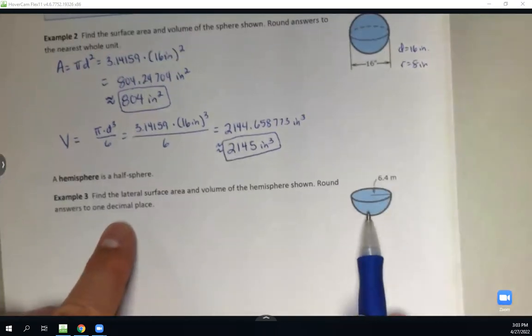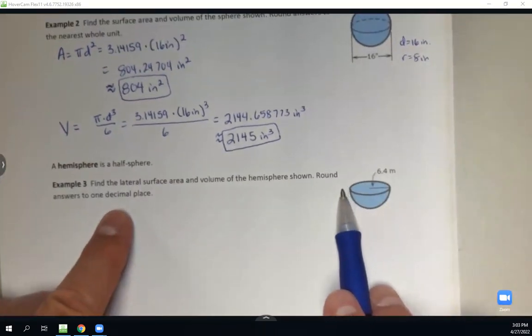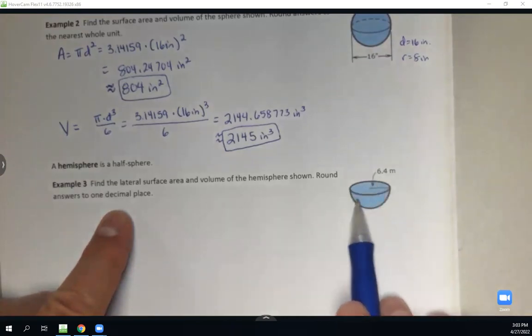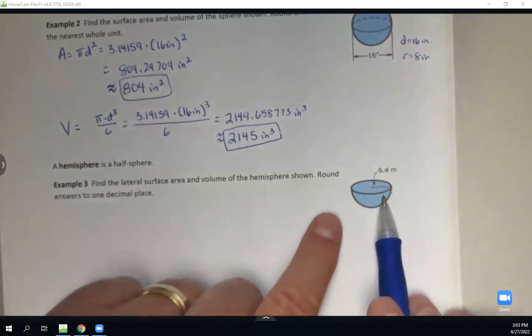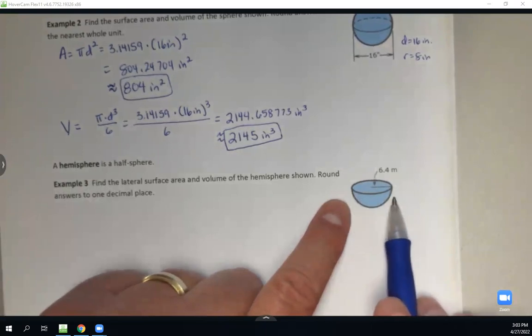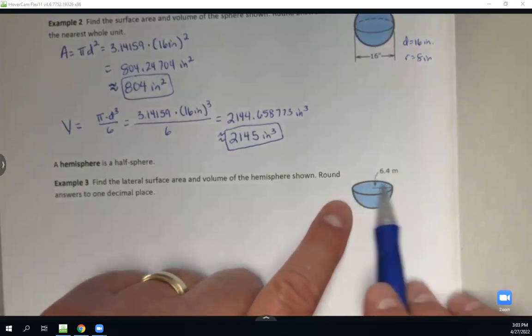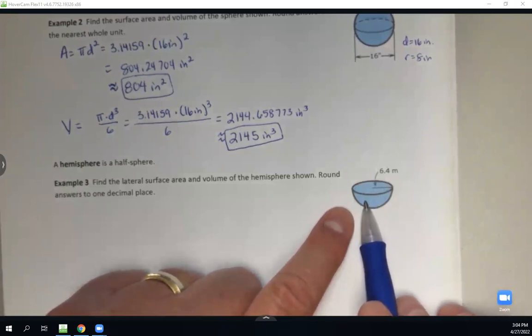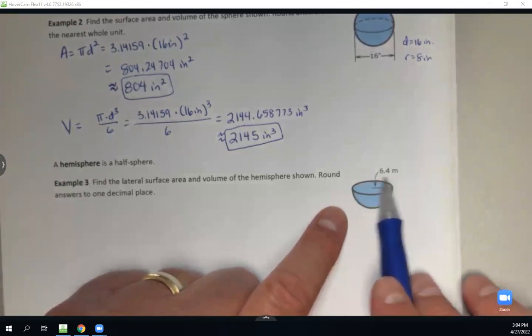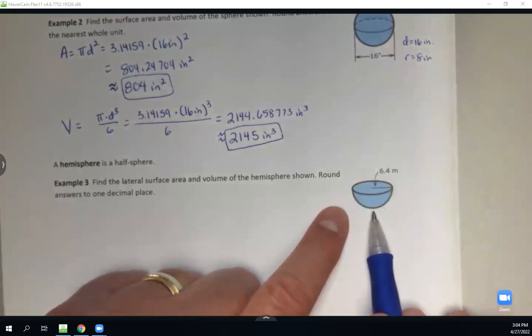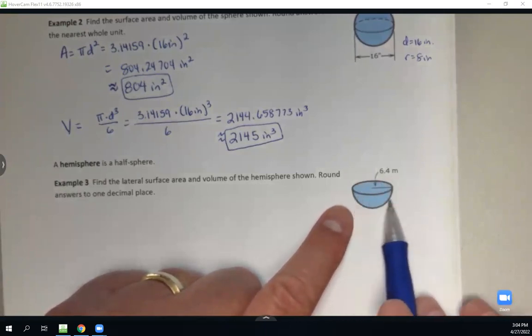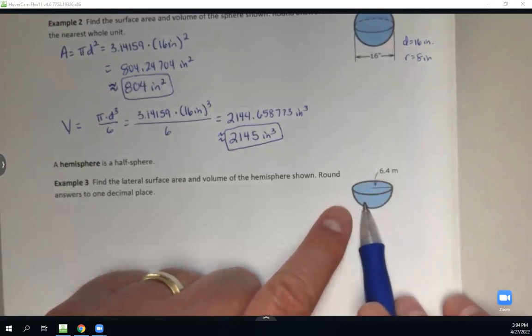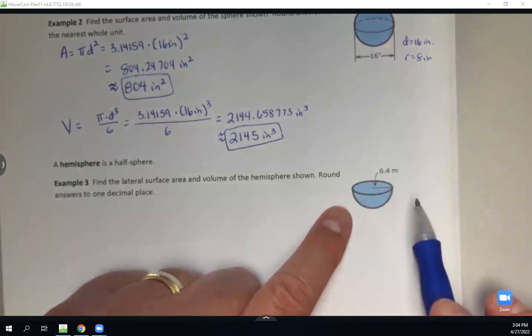Now, just to be clear, if I'm talking about lateral surface area, that would just be the area of like the part under the circle here, right? That's not including the circle, okay? So if you had some kind of a shape where you needed to know the total surface area of a hemisphere, you would find the lateral surface area, which again is just like this part down here, and then you would have to add on the area of the circle.